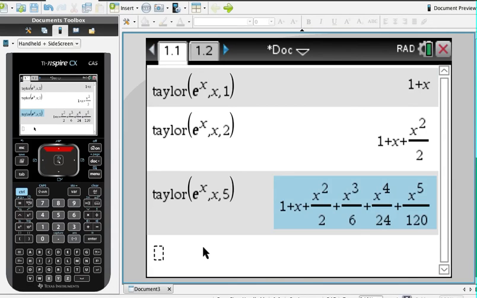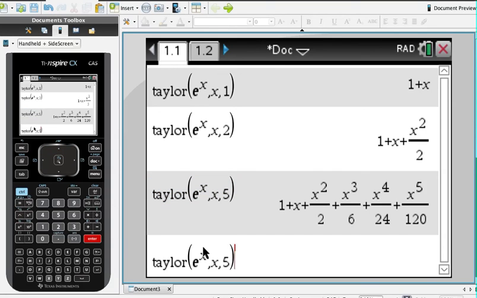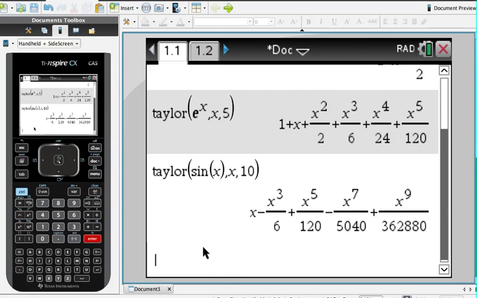The Taylor command here on the Nspire can of course not only handle exponential functions, but if you enter, for example, sine of x, and let's make the degree a little bit larger, let's say it's degree 10, then you get the 10th degree Taylor polynomial for the sine of x function, centered at 0.